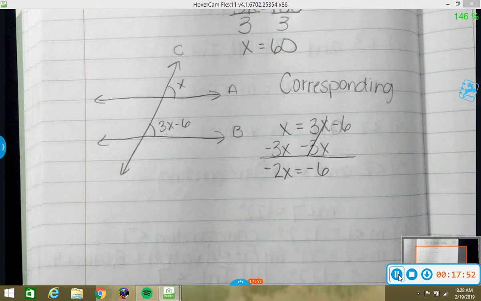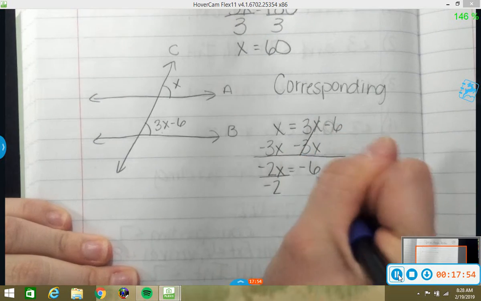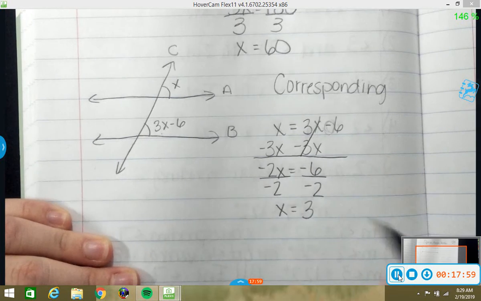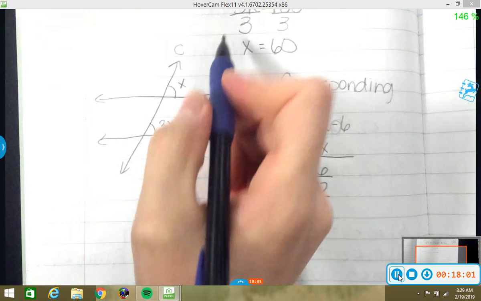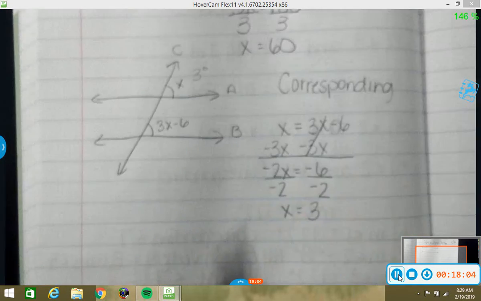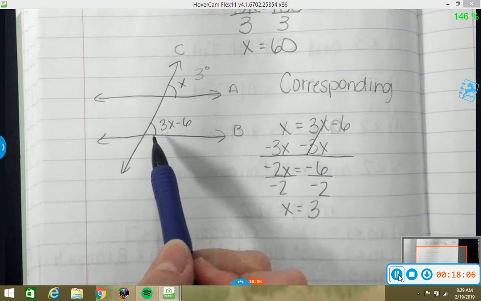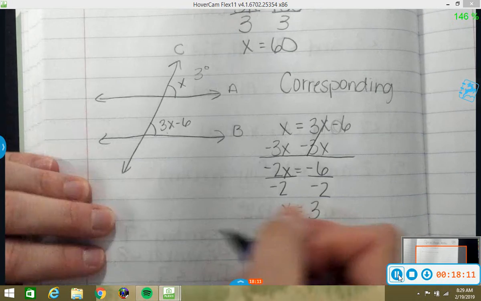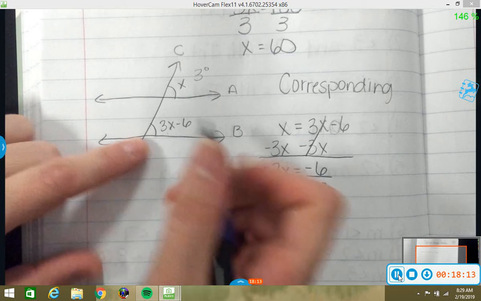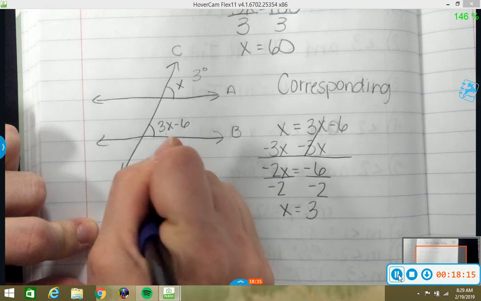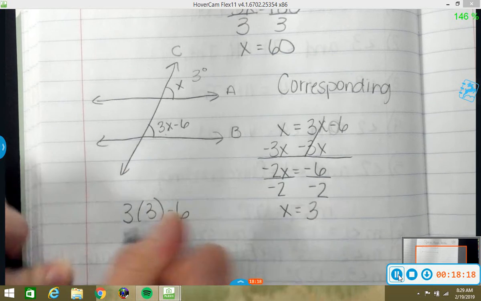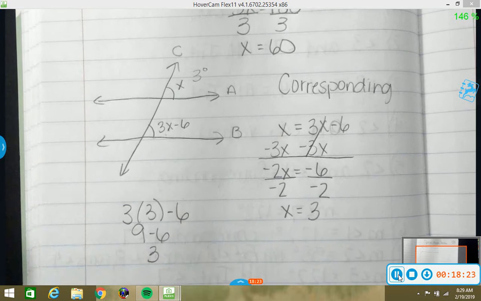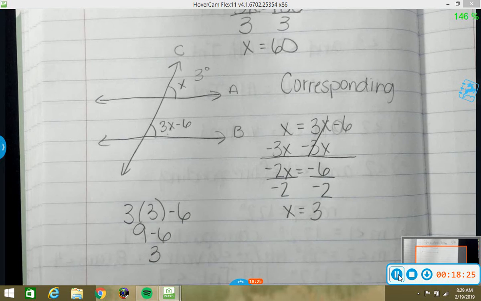What do I do now? x equals 3. So we're saying that this is 3 degrees. What is this angle going to be then? 3 degrees. And we can check it to make sure by plugging in this 3 here. We can say, okay, well, 3 times 3 minus 6. What is 3 times 3? Minus 6 is 3. So we know that both of them are 3 degrees.